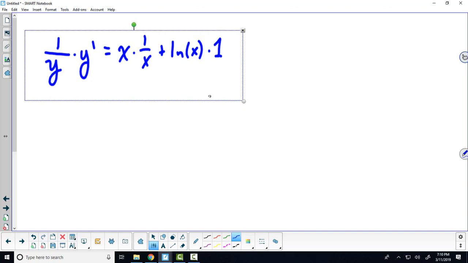Good enough? Okay, so we get 1 over y times y prime is equal to 1 plus the natural log of x.